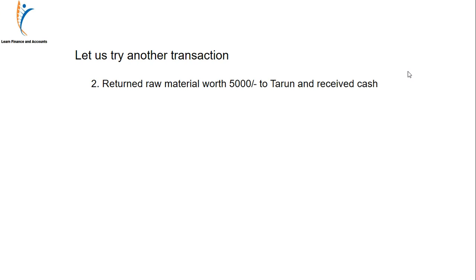So what happens in this? Cash is going out of the business. Cash is decreasing or falling. When cash is decreasing, then the account will be credited. Cash account will be credited. And what is happening to raw material?